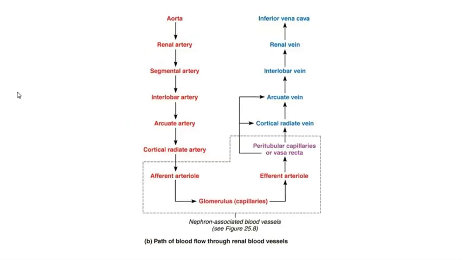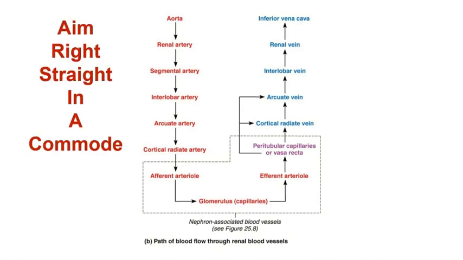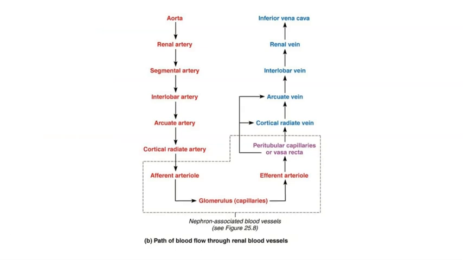If you want a really easy way to remember the branching of the arteries as they enter the kidney and fan out, there's a really helpful saying that I learned that goes like this: aim right straight in a commode. Those letters correspond to the first letter of each of the arteries here, and it's also in the same order of blood flow that we see within the kidney.